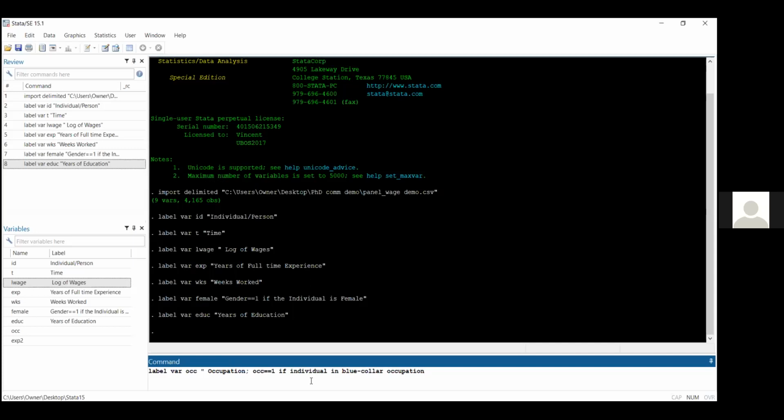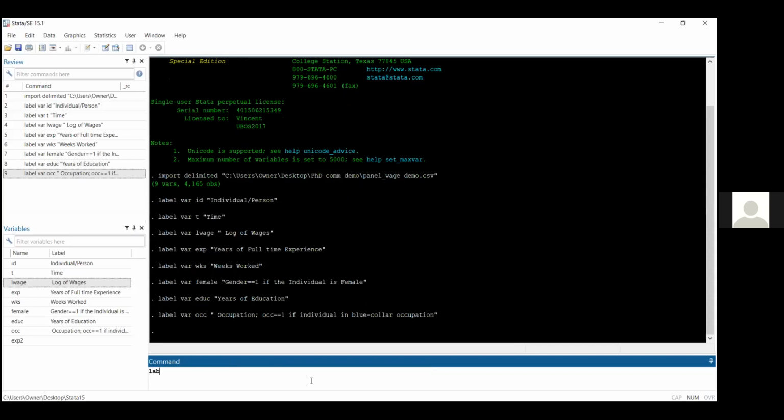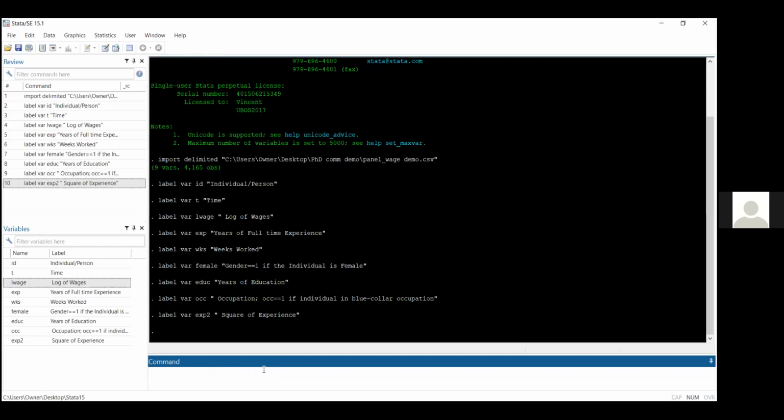Oh, sorry. And then finally, I have a variable called EXP squared, which stands for, let me just call it, square of experience. The same justification: people interact variables, some people square variables, depending on what they are.